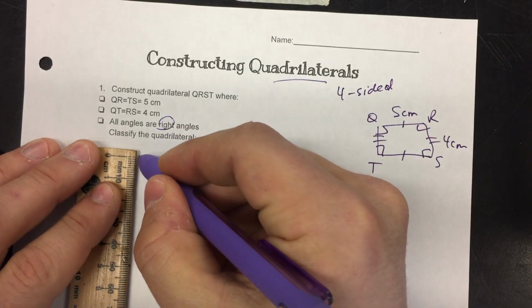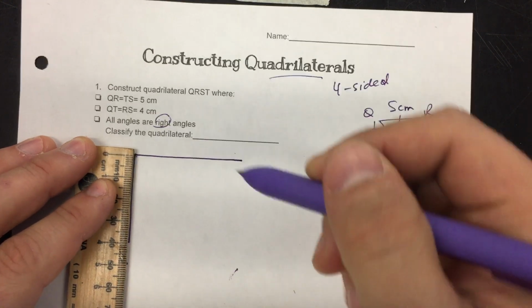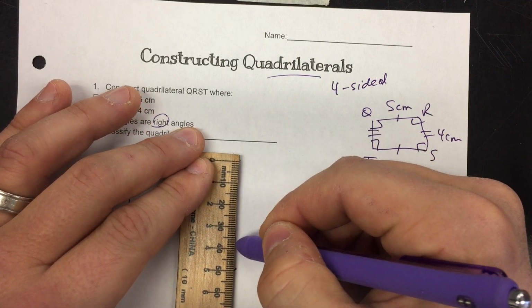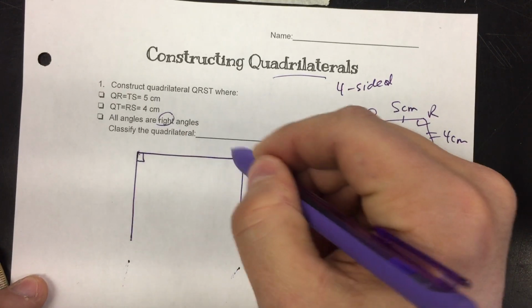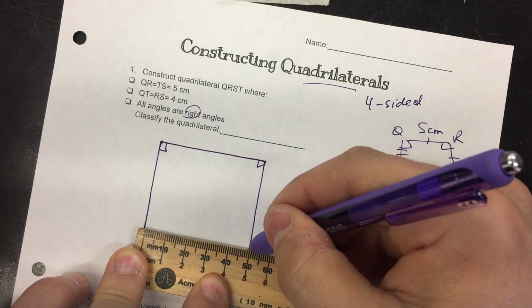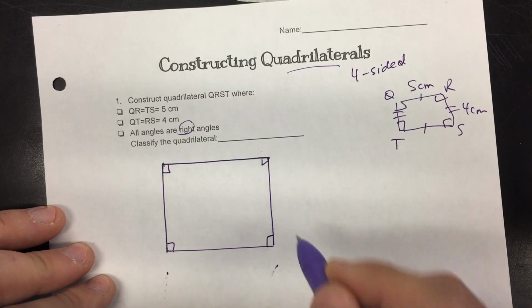So I'm just going to set up my ruler here, line it up with my dot for my 90 degrees, and go 4 centimeters here and 4 centimeters towards this dot. So I know that these are both 90-degree angles. And then this should be 5 if I've done it correctly. Okay, so it's 5 centimeters across here, and these are right angles as well.